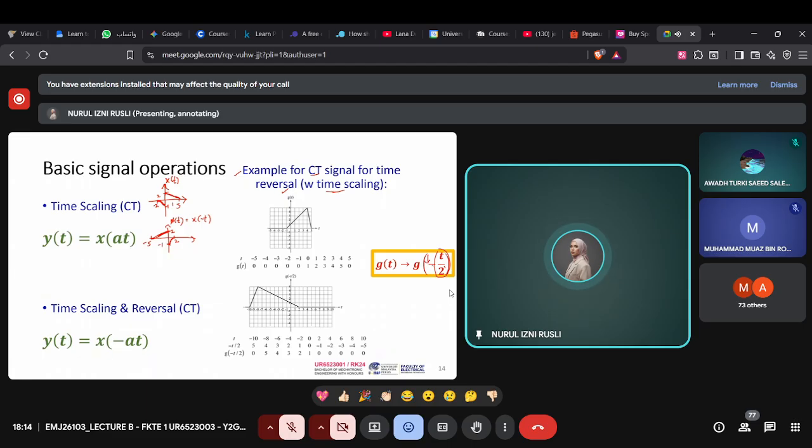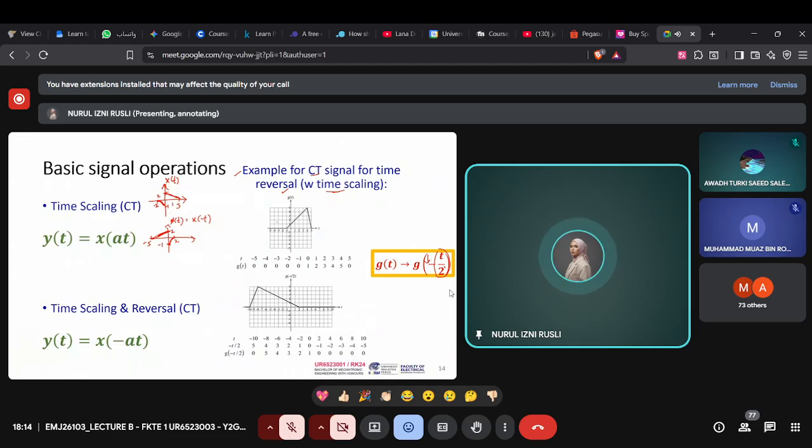So this is the time reversal. Now your signal is t over 2. Is it compression or expansion? You know that whenever the value of the multiplier is lesser than 1, it is going to be expansion.